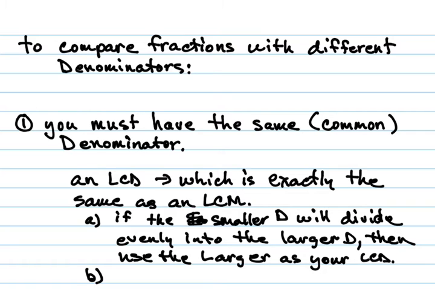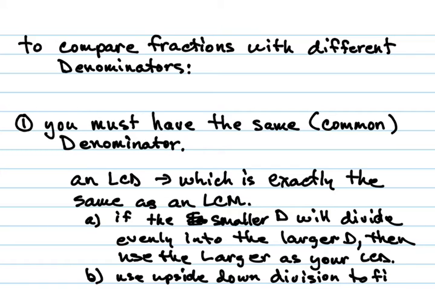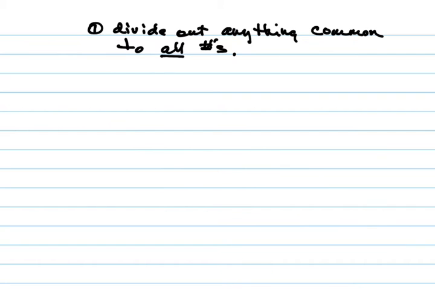If not, then use upside down division to find the LCD. So first, divide out anything that's common to all the numbers. So you could be comparing three numbers, right?